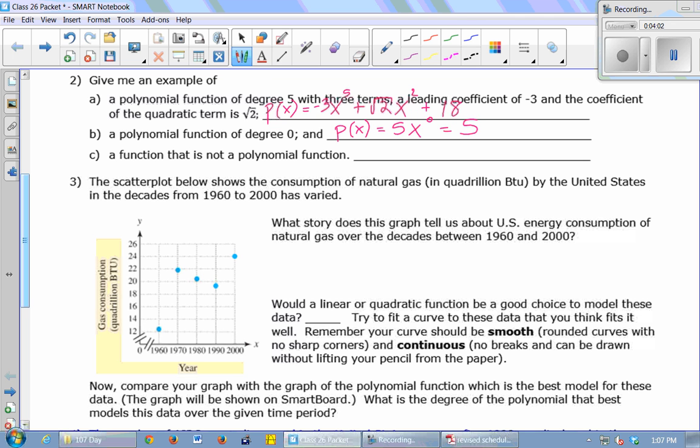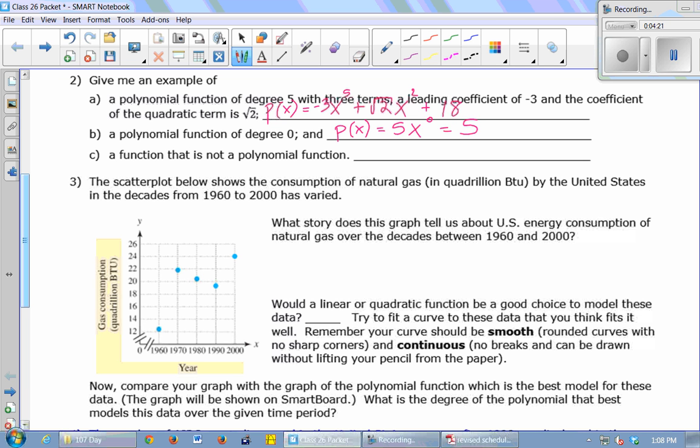All right, a function that's not a polynomial. So polynomials have to have positive integer exponents on the x's.